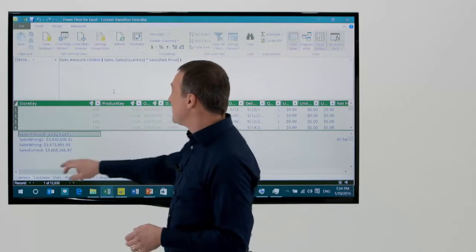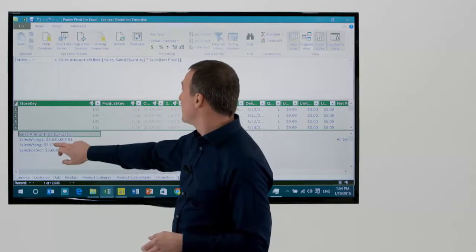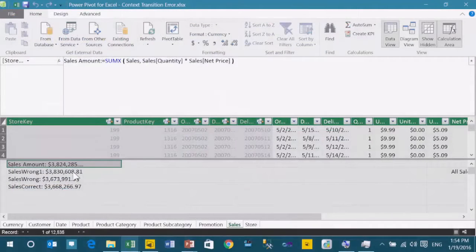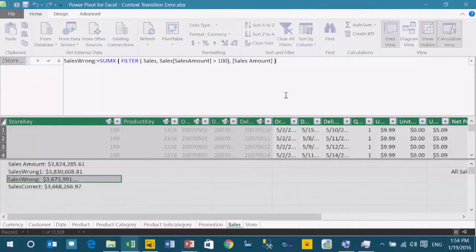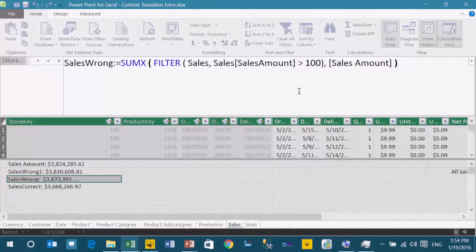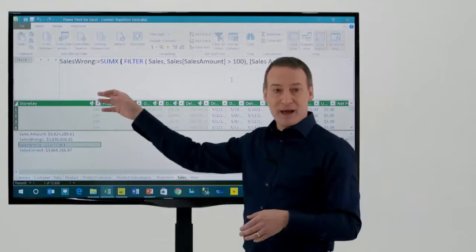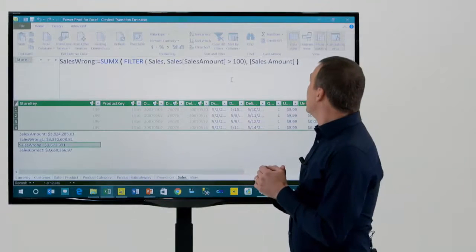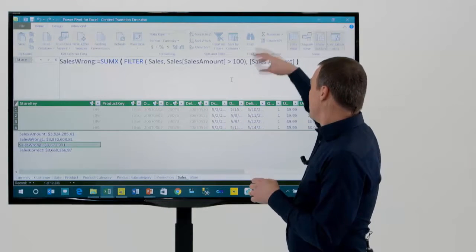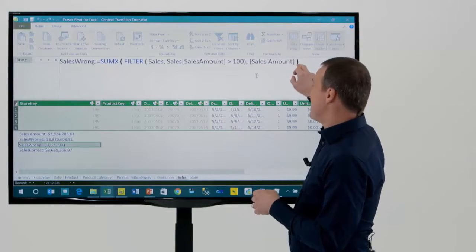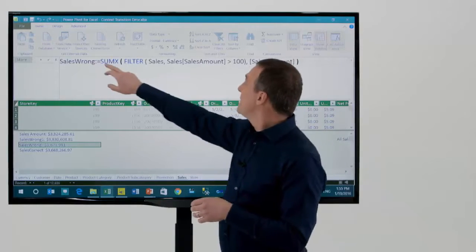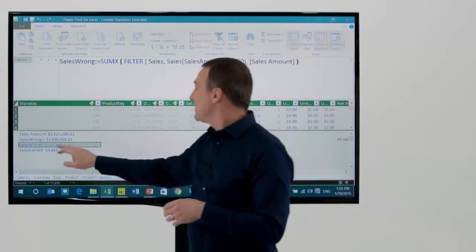So in this example, for example, we have Sales Wrong. Just click on Sales Wrong. You see, Sales Wrong is SUMX over FILTER Sales where Sales Amount is greater than 100, and then compute the measure Sales Amount. Sales Amount is an iteration over Sales, Quantity multiplied by Price. But if you write it in this way, you get this number.